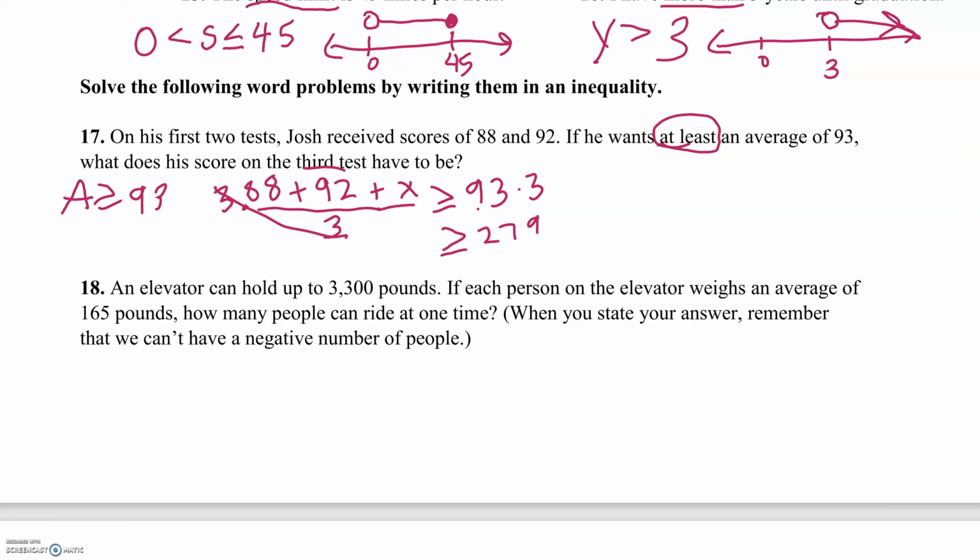If I then add these 2 numbers together, I get 180 plus x is greater than or equal to 279. I'm going to go ahead and subtract 180 to get the x alone. So it says x, meaning my 3rd test score, is greater than or equal to 279 minus 180, which is 99. So Josh needs to get a 99 or higher on his test.